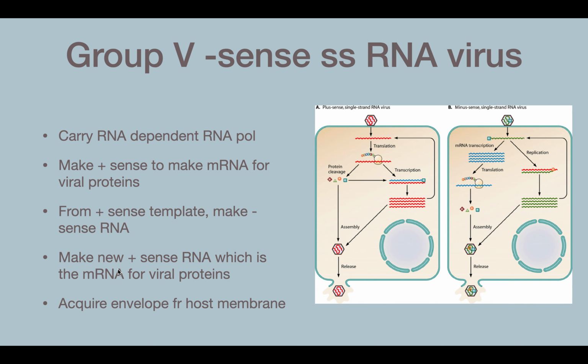The new positive sense RNA is going to make the mRNA for the viral proteins, and then the new negative sense RNA is going to be packaged and lysed out. And in this case, the negative sense single-stranded RNA viruses are going to acquire an envelope from the host membrane.